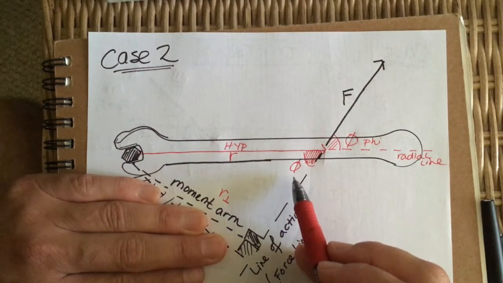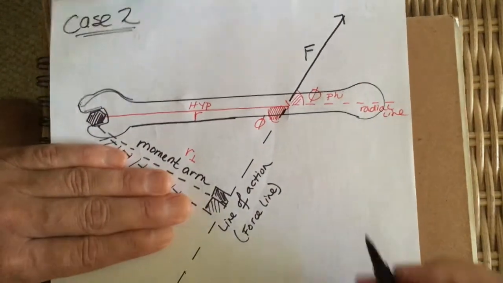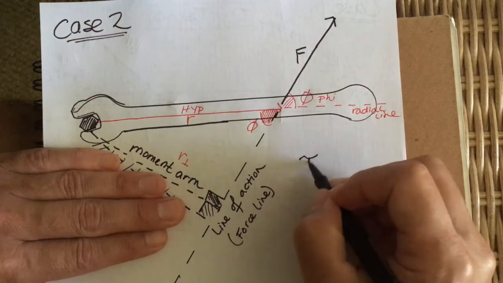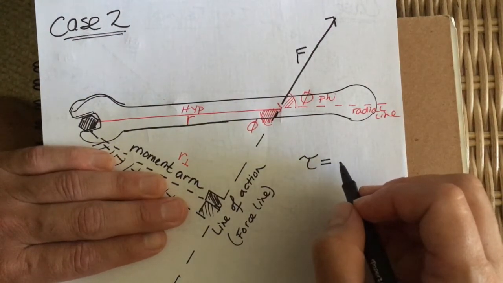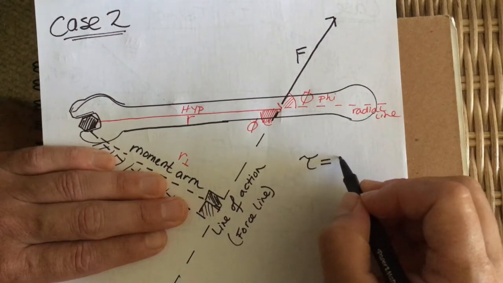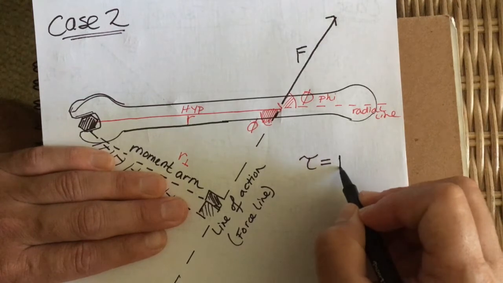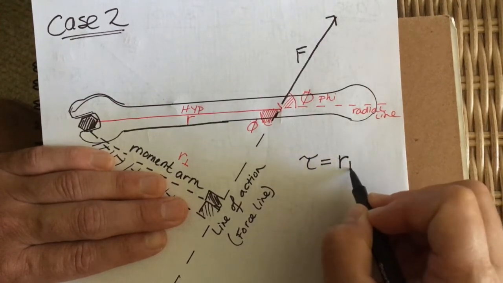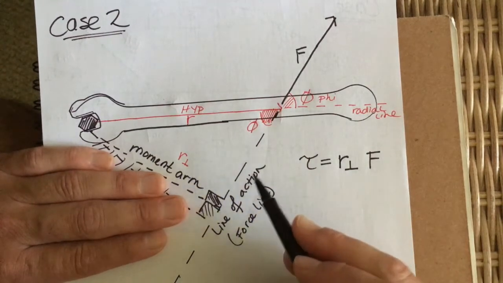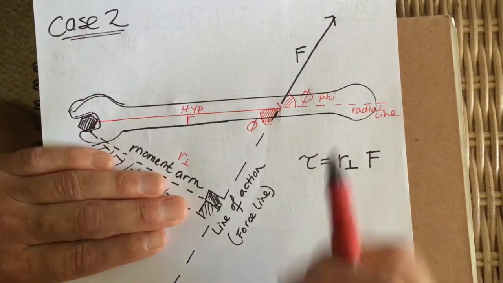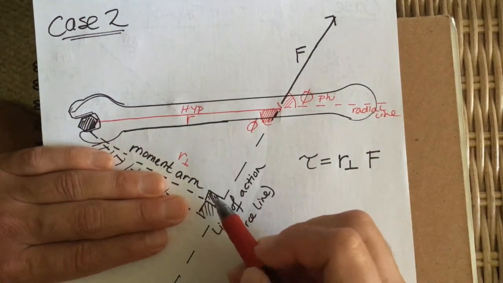And so what we said is that torque is what happens when you take the perpendicular component of R and multiply by F, right? So we said that torque is F perp times R, but it's also R perp times F. And what the heck is R perp? Well, if we look at our right triangle here, here's our angle, here's our hypotenuse, here's our 90-degree angle.